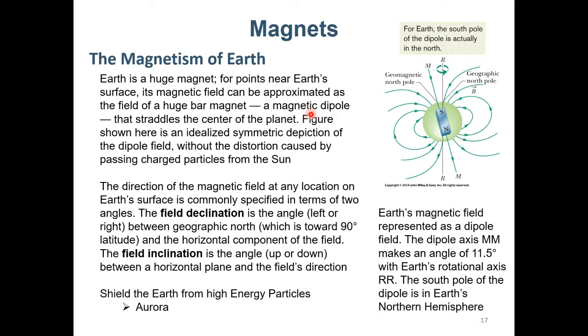And at this page, it shows that actually the Earth is a big magnet. It's a huge magnet, as you know. You know the compass, so that you can know the direction.